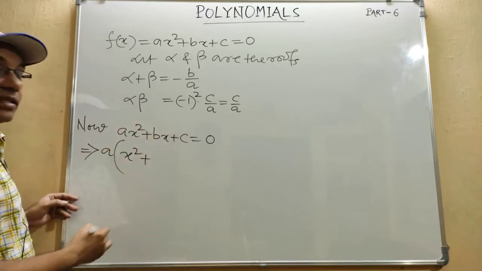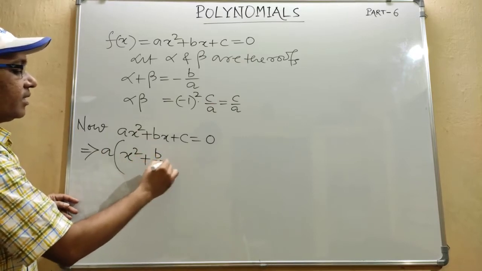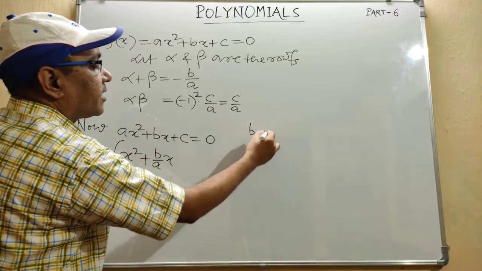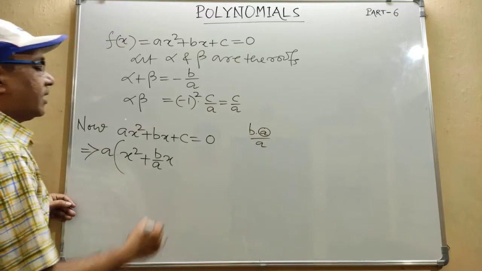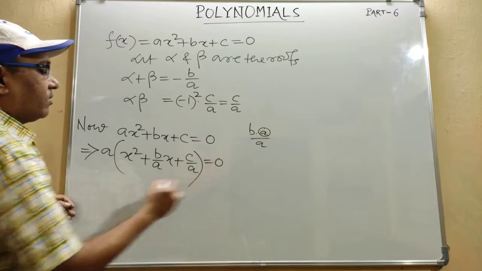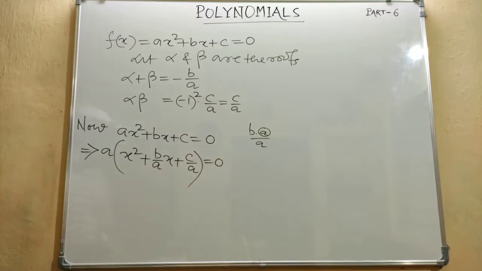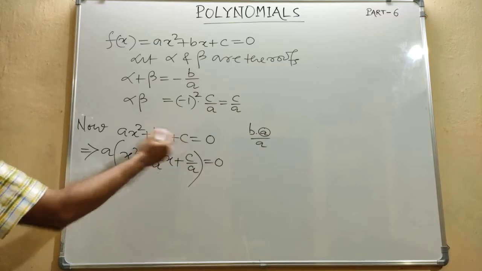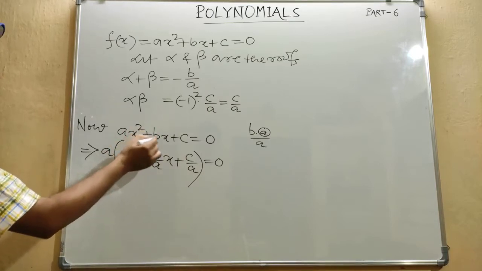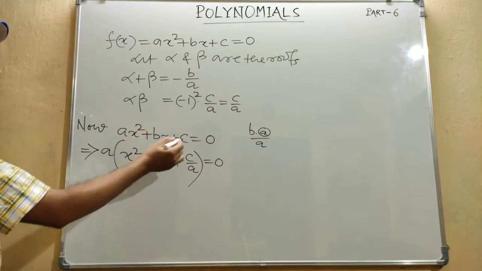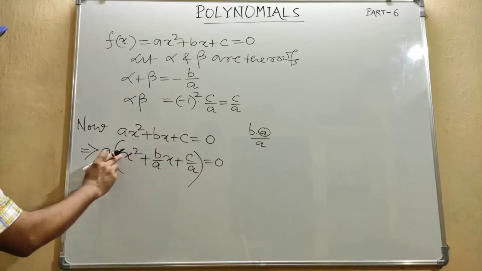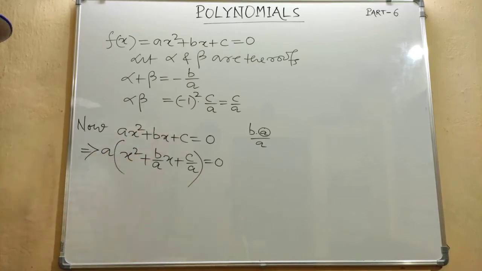Here a is not there, so what will be left is b by a. Multiply by a and divide by a, a is common, so b by a remains. Similarly here c by a equals 0. I think you have understood. If you multiply it back inside, ax² + bx + c will come.